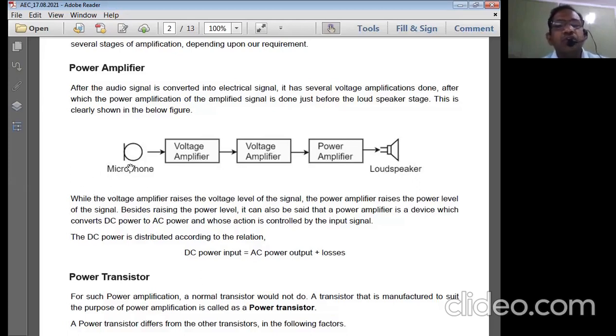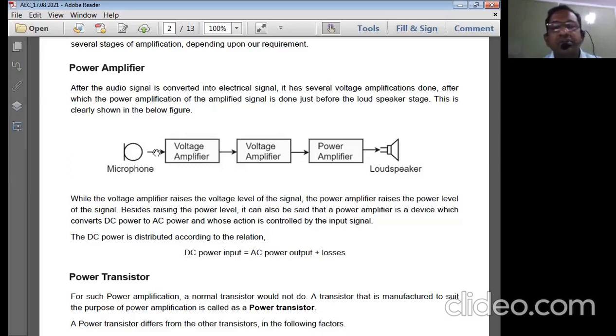The input is going to be human voice. The human voice is given to the microphone. The microphone is going to vibrate based on the vibrations in the atmosphere, and these vibrations are converted to electrical signals by the microphone. These electrical signals have to be amplified, especially the voltage levels.